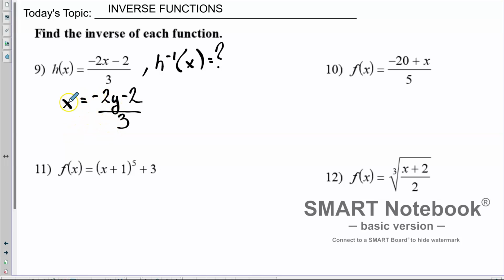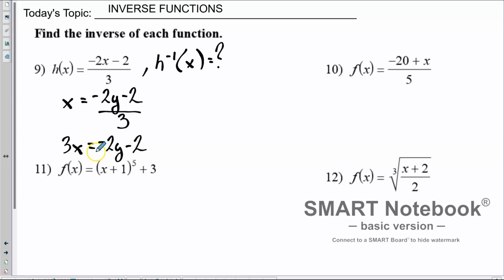Okay? So if you guys look, what's the first thing you would think of doing? And you really want to think PEMDAS. So if we solve for y, the first thing we do is multiply by 3. So we get 3x equals, okay? Now here, if we're trying to solve for y, what's the next thing we would do?